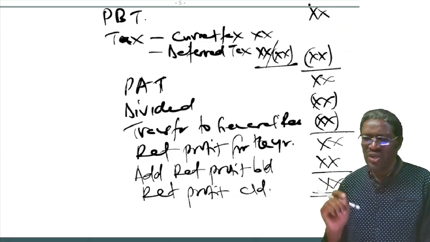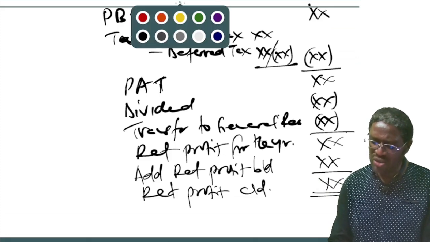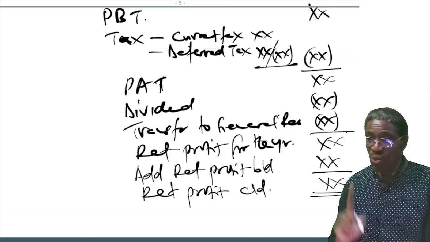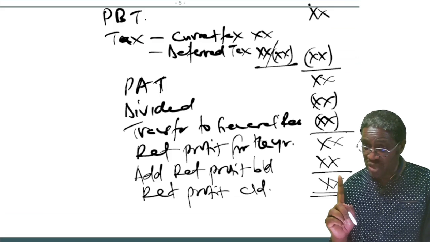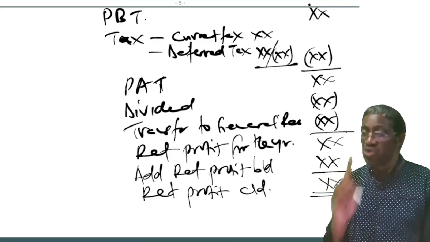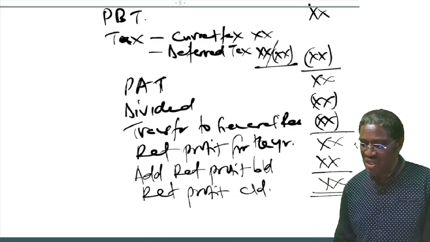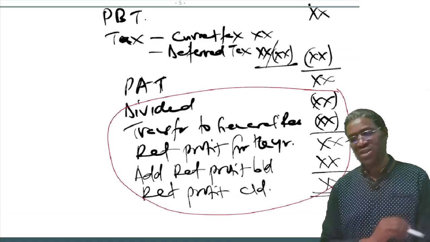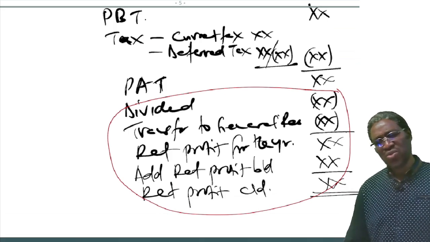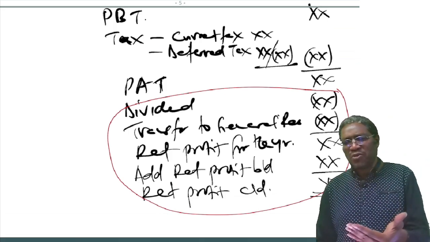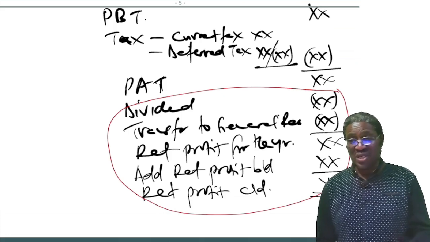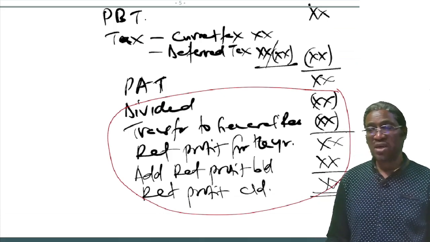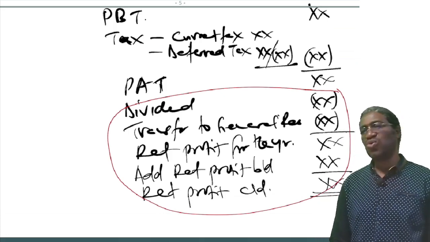But when it comes to the income statement for publication, an important key point is here: we do not do the appropriation of this profit in the income statement. Yes, for internal reporting, you could do it.